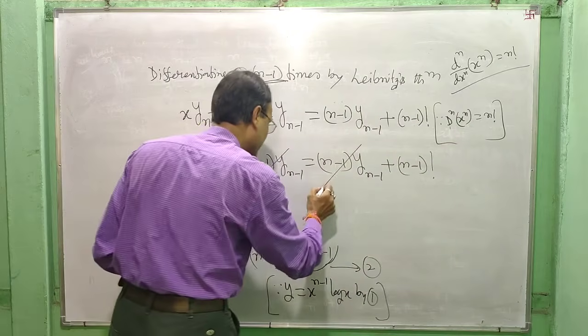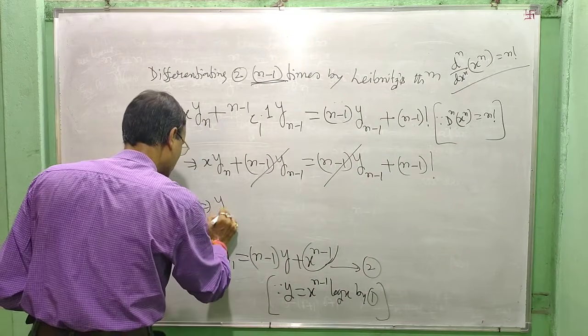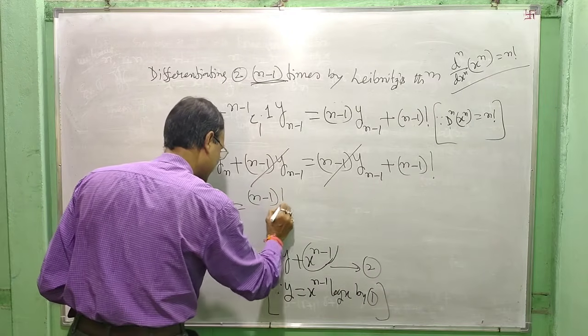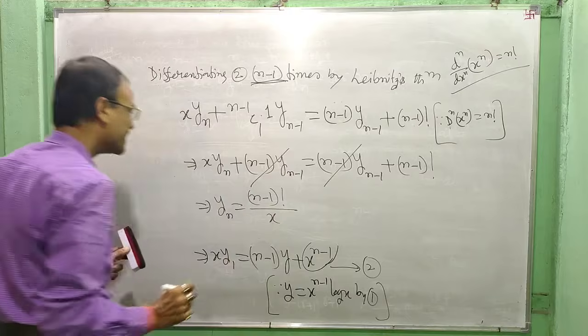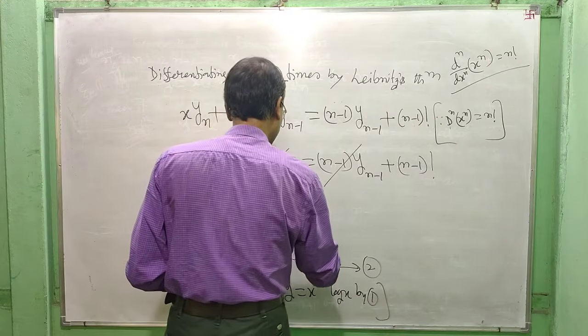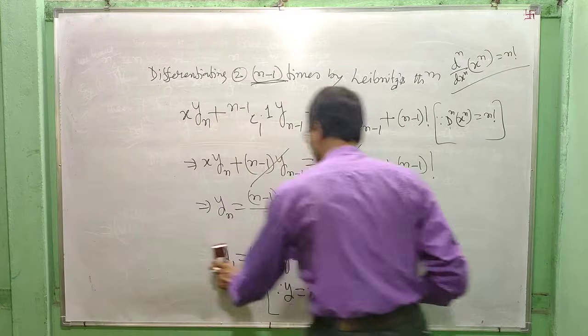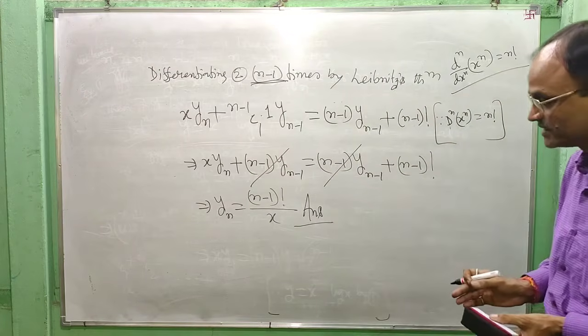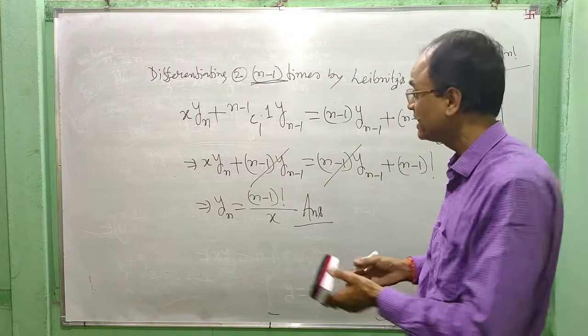These two terms will be cancelled. This means y_n is equal to factorial n minus 1 divided by x. This is the nth differentiation. Very easy.